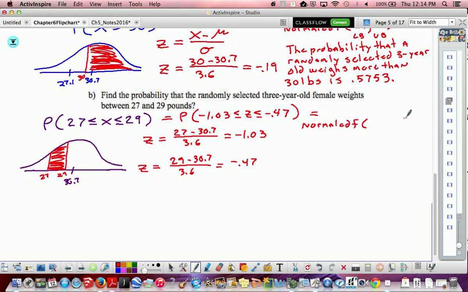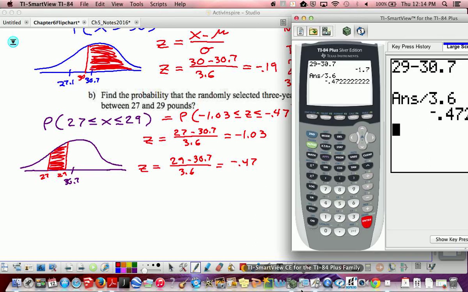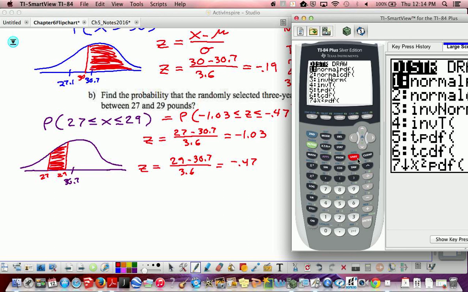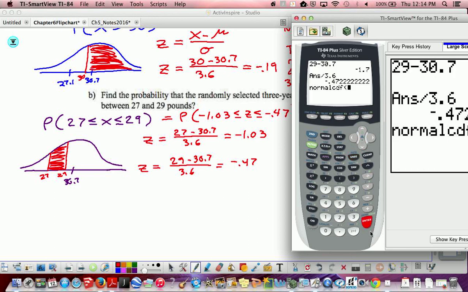What's nice about this one is negative 1.03 is the lower bound and negative 0.47 is the upper bound. So second vars, normal CDF, negative 1.03 to negative 0.47.